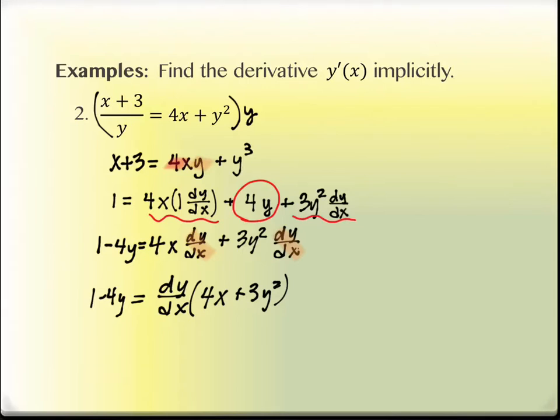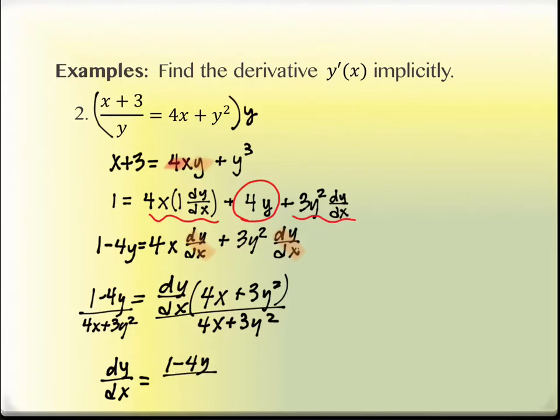Divide it to both sides, yeah. So we'll divide it to get it to shift. So what was it? 4x plus 3y squared. So dy dx would equal 1 minus 4y over 4x plus 3y squared.